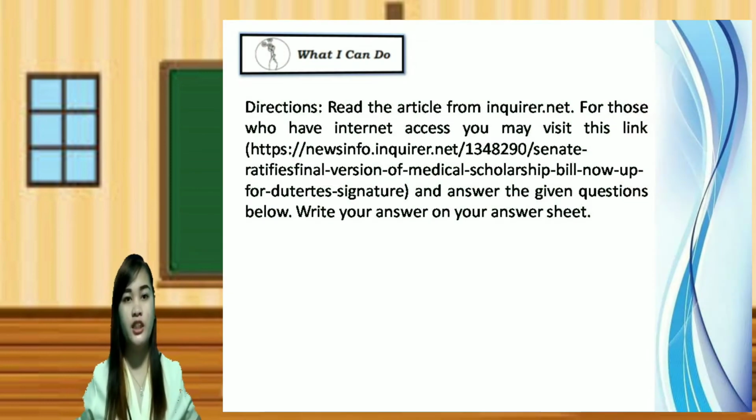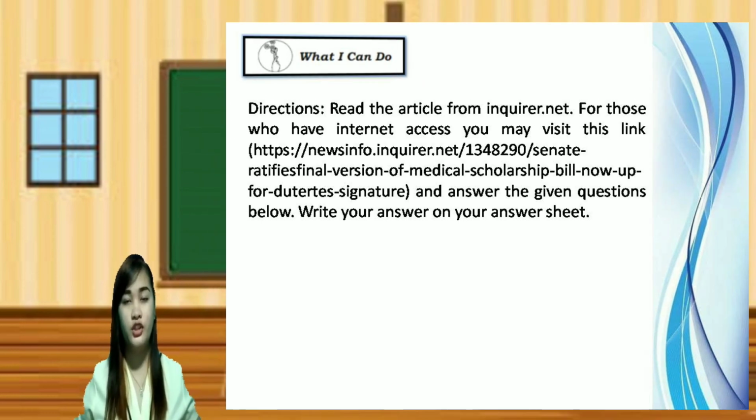Okay, let's proceed with what I can do. Directions: read the article from Inquirer.net. For those who have internet access, you may visit the link. It is provided on your module. And then answer the given question below, and write your answer on your answer sheet.